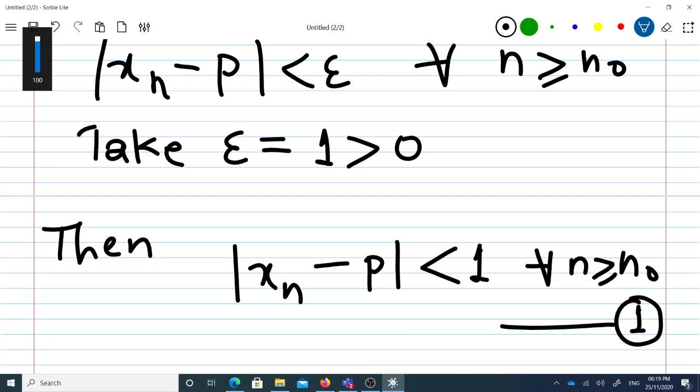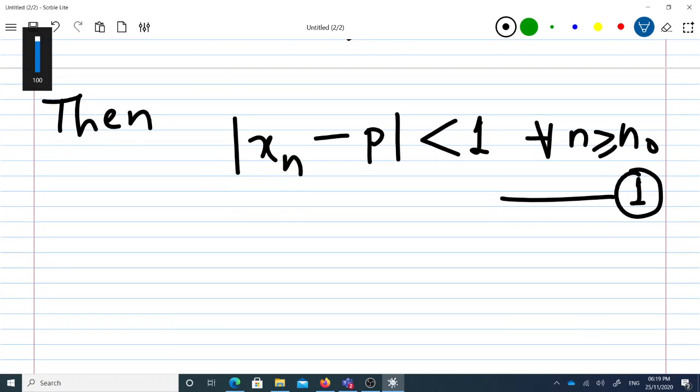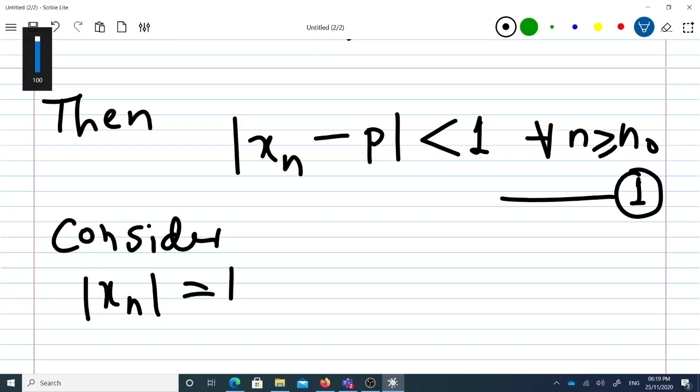I have to show that the sequence xn is bounded. That means the modulus of the sequence, mod xn, is less than some constant. That is what I need to prove. So let me start by considering mod of xn. Mod of xn is the same as mod of xn minus p plus p.